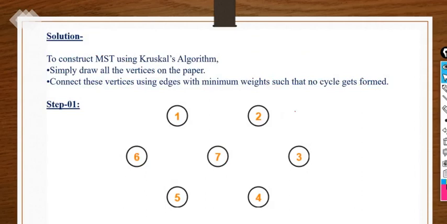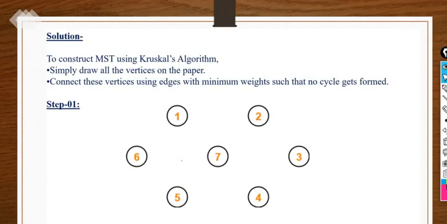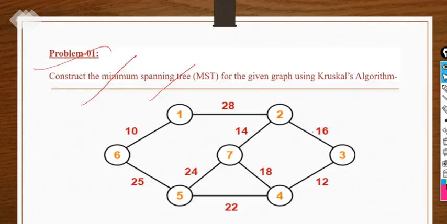First we take all the vertices without any edge. Next step, we sort the edge weights. The minimum is 10. There is a need for a sorting algorithm, right? So 10, 12, 14, 16, 18, 22, 28.